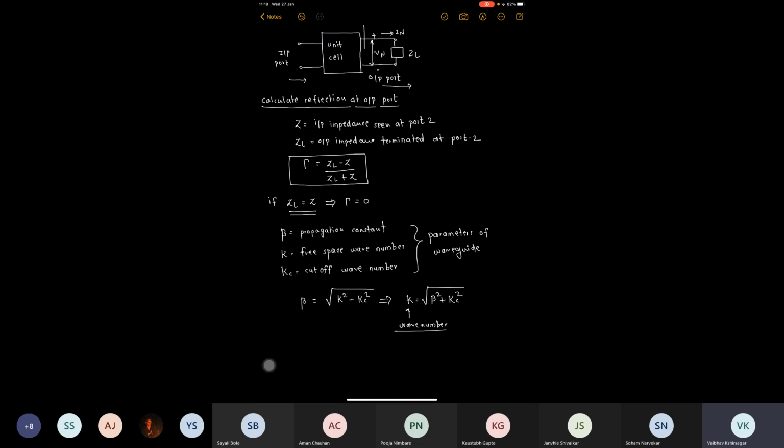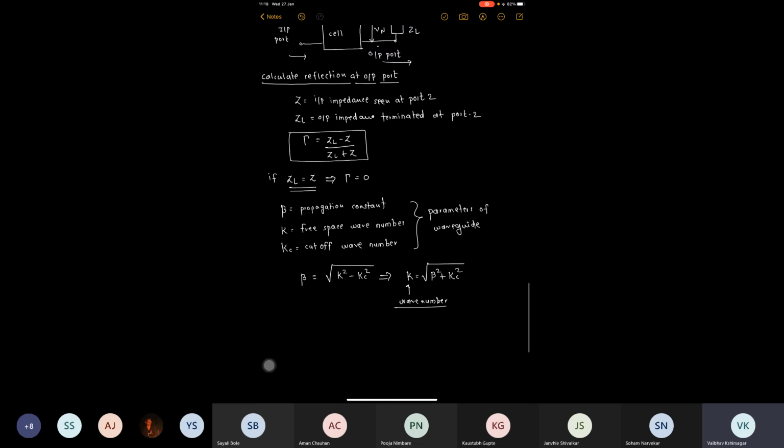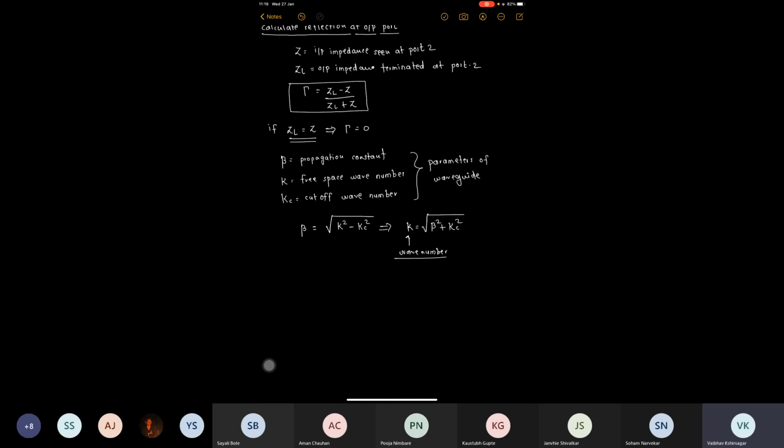Now here is one very important observation as far as the waveguide we want to utilize as a filter device. If K is less than Kc, what will happen? In the equation of the propagation constant beta, written in terms of k and kc, if the value of k is less than kc, beta will become imaginary.